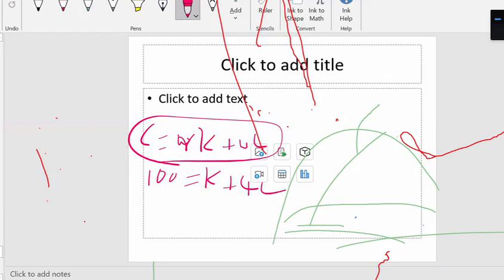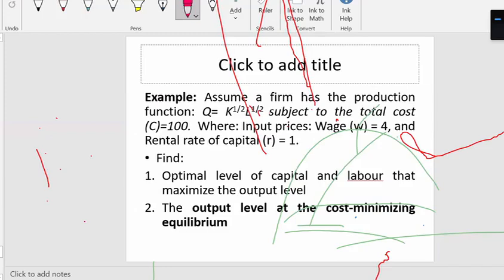Lakini what is our equation? Equation yetu amesema ni K power half, L power what? You remember? Swali anasemaje? What is the question? The question is find the optimal level of capital and the labor that maximize what? The question is we are supposed to find the amount of labor we need to employ and the amount of capital that will maximize what?